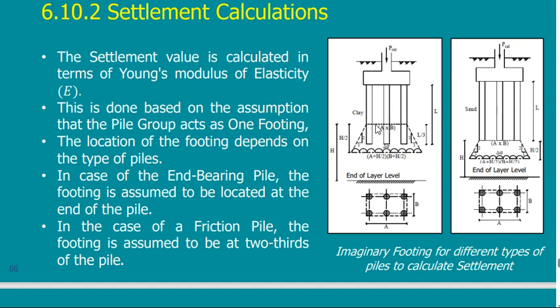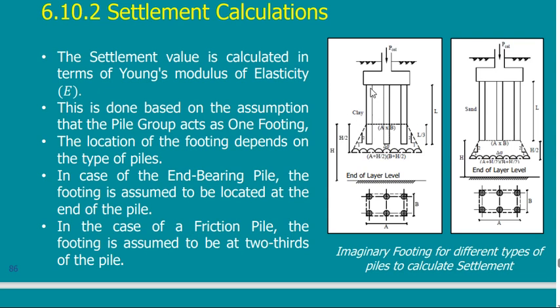Calculating the settlement is based on removing the piles and putting an imaginary footing instead of these piles. Where is this imaginary footing? If I have a pile that is mainly end bearing, then I will have the imaginary footing here.